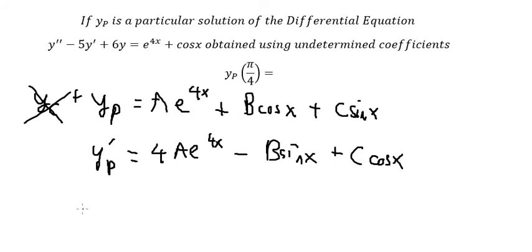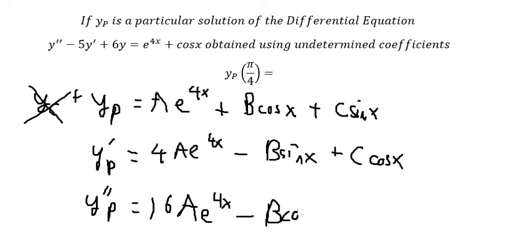Now let's go to the second derivative of the function. We do the same. And you got another number 4, so 4 with 4, you got 16. First derivative of sine x, we have cosine x.